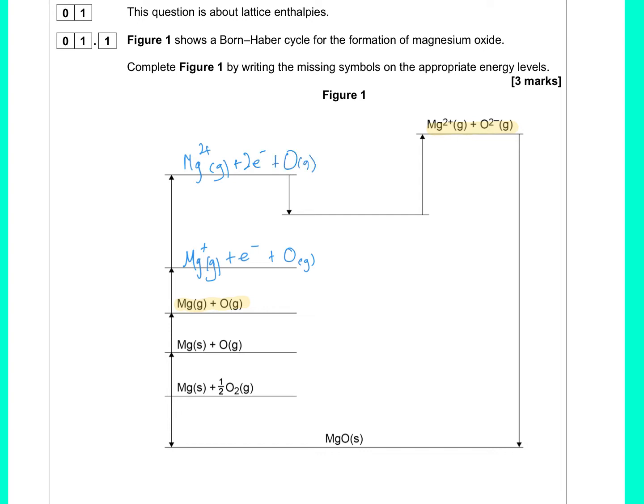And then the oxygen is going to gain one of those electrons and do its first electron affinity. And then in the final step, it gains the second electron and becomes the O2- ion.